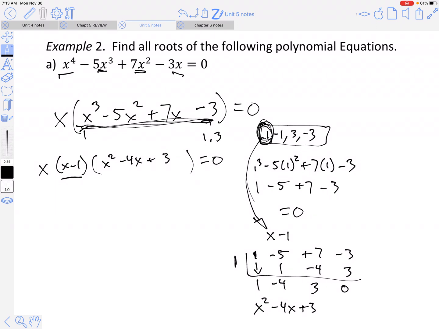Alright, so again, what did we do? Let's think about this. We had our original polynomial, and we noticed that we could factor, so we're really pulling in every single math skill we have. So we first looked and saw if we could factor. Boom, yeah, we could. And then we thought, this thing right here is really big. I don't know how to factor that. I factored out the only thing that I could.